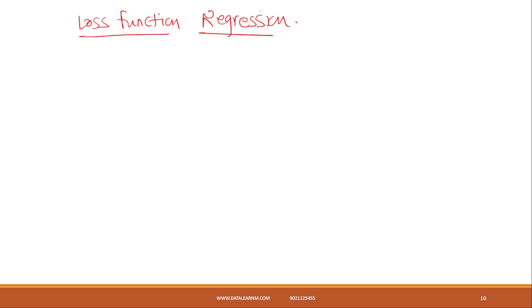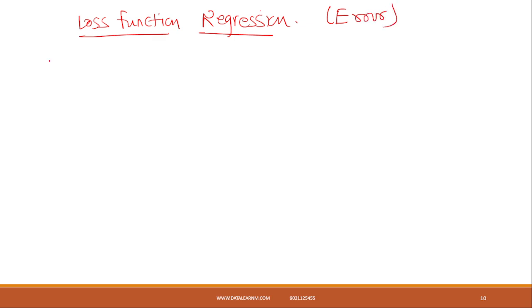I am not going to give the formulas. There is something called the loss function for regression. It will be used for linear regression or any regression problem. For KNN regression it will be the same, and for decision tree regression also. Loss functions are used to calculate the error.